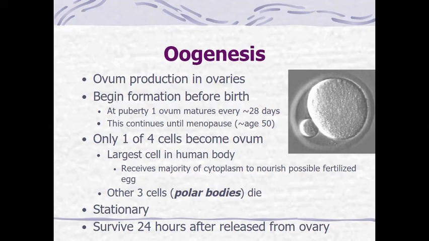So if intercourse occurs and there are sperm present two days prior to ovulation, when the female releases the egg, those sperm are still alive and can immediately fertilize the egg. And then there are another 24 hours while the egg stays alive. So those 48 hours that sperm could be present and another 24 hours that the egg will survive gives us that three-day window of fertility that we sometimes hear about.